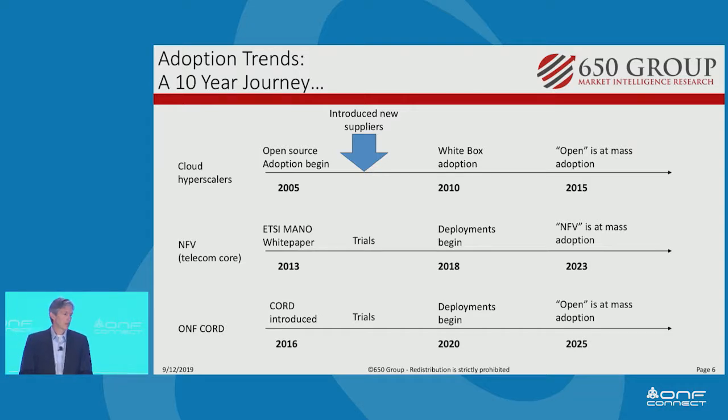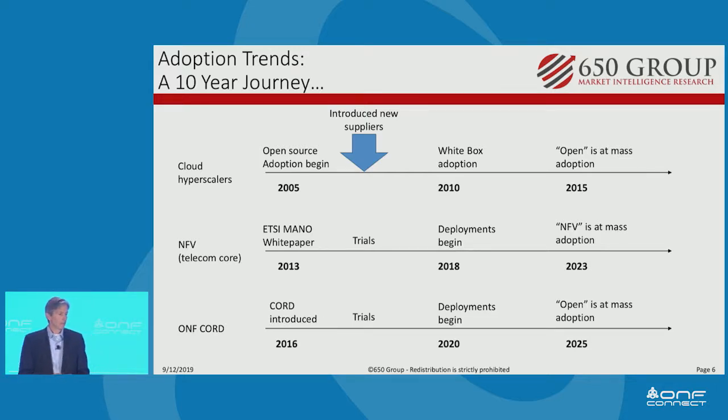I don't think that's too much of a stretch here, and I think you could even say, yeah, it's already happened. In my research of the telecom market, I've also spent a great deal of time researching network functions virtualization, and we've mapped out what of the telecom equipment boxes, more telecom core, are virtualized, let's say. And that is a trend that is almost complete. I wouldn't say fully complete, but in about 4 or 5 years, I believe that NFV will be what we could consider at mass adoption.